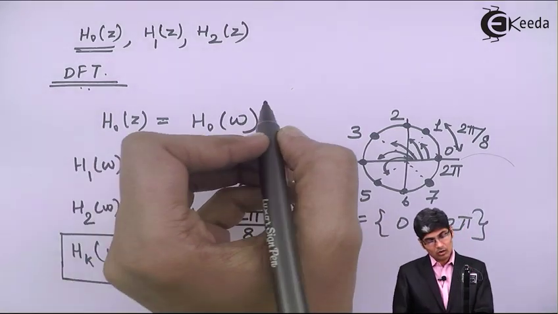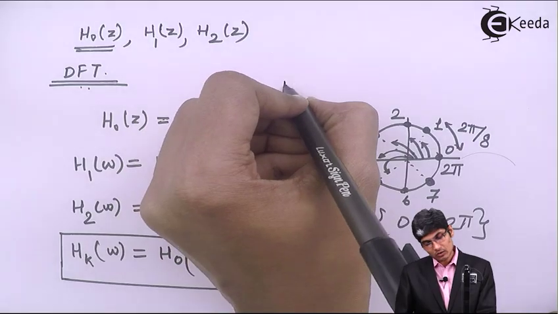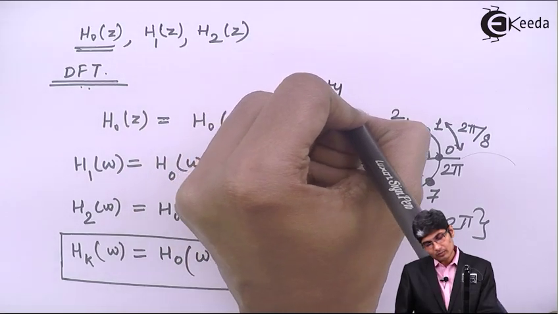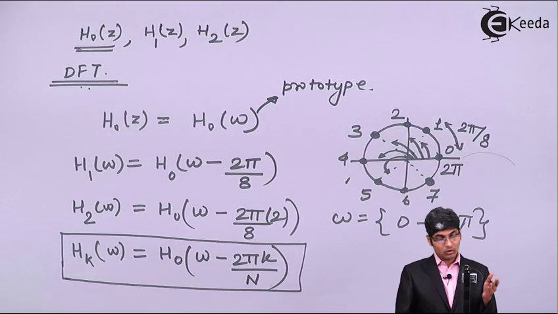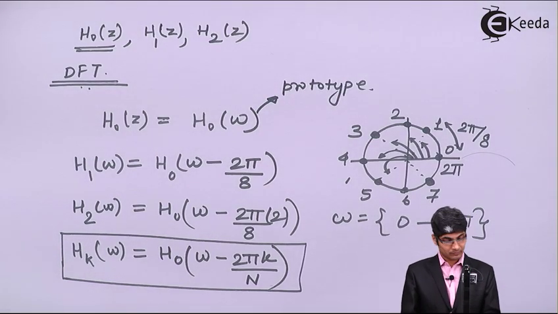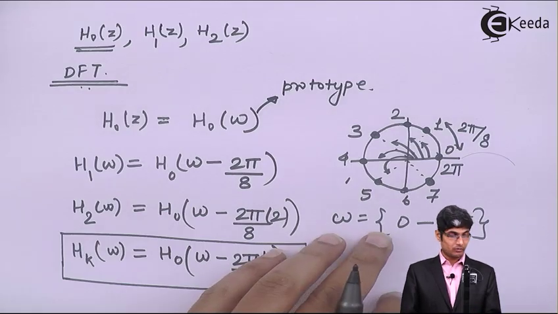So h0 of omega is called the prototype filter or prototype transfer function, and when we go on shifting it by k values, we are going to get hk of omega.